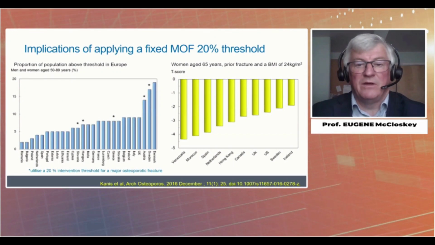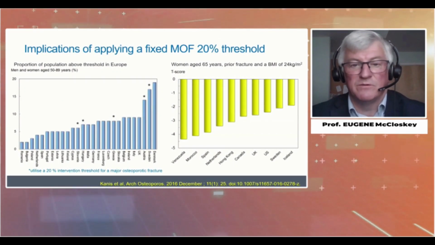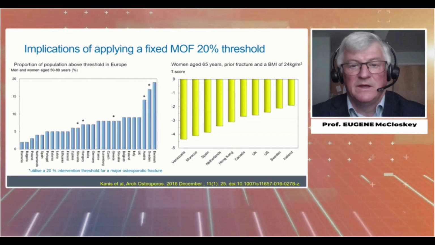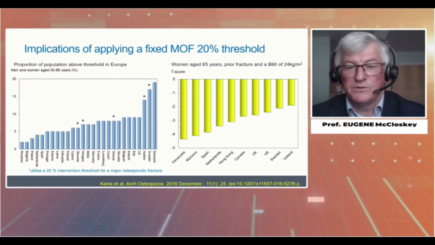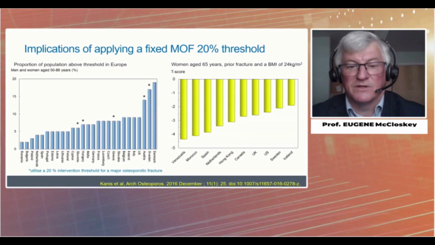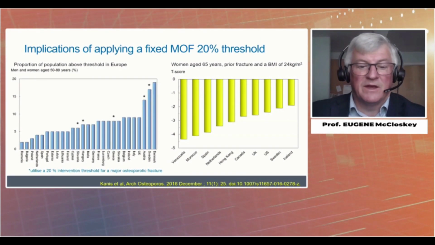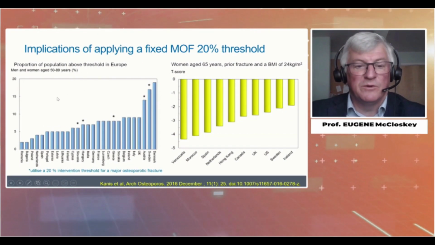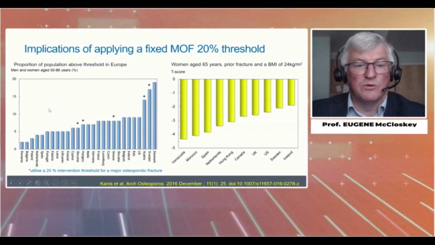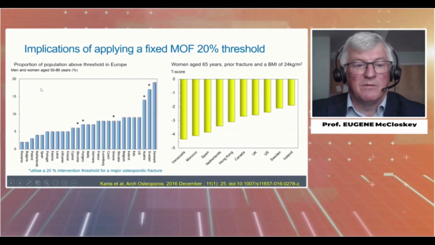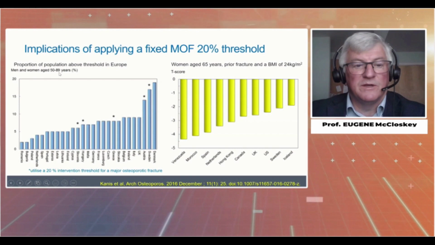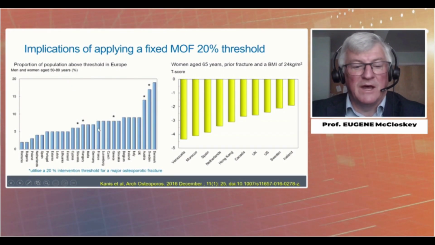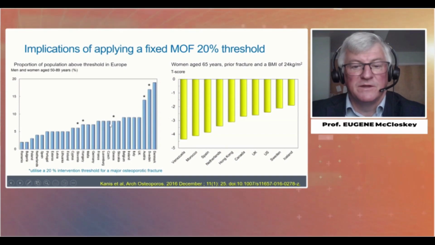Nonetheless, a large number of countries have looked at the analysis that's come out of North America and said, okay, we'll adopt the major osteoporotic fracture threshold of 20%. This is just an analysis from a few years ago within Europe, looking at the proportion of the population, in men and women combined between the ages of 50 and 89 years, that would lie above the 20% threshold.